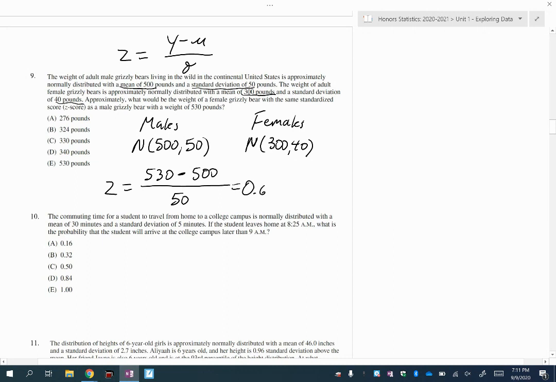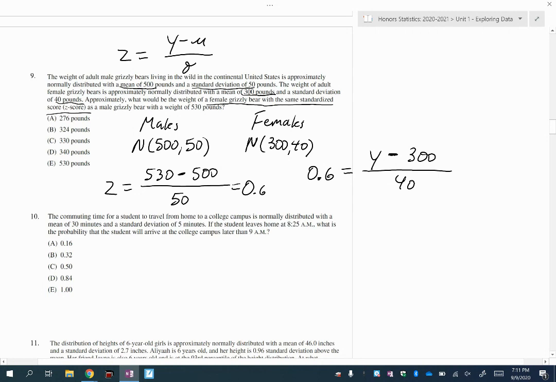Then it's saying to take that 0.6 and make it the z-score for a female, the same standardized z-score. So now I need to find the weight for that female: y minus 300, different model, divided by 40.